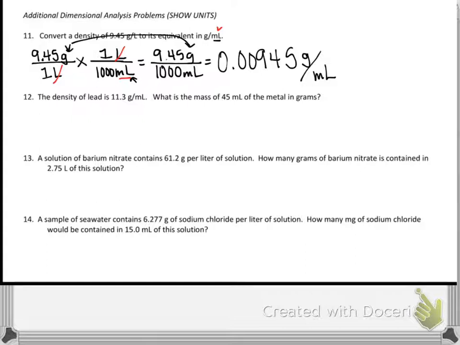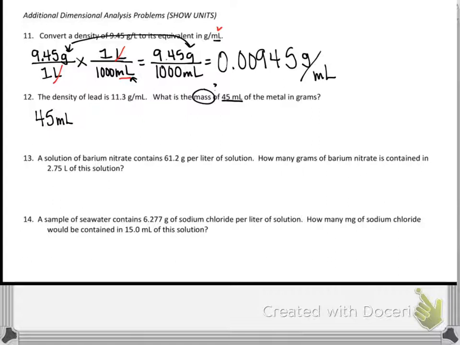In this case, we have to figure out that our given is actually 45 milliliters of a metal. And we want to find out the mass, but we want to know it in grams. So our given is 45 milliliters. And we want to know the mass in grams.